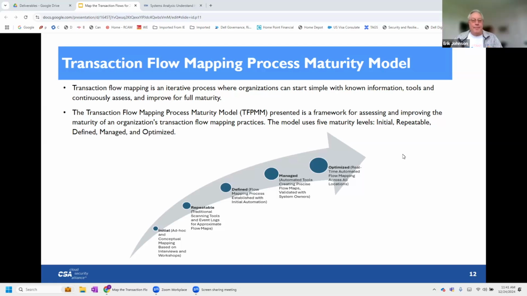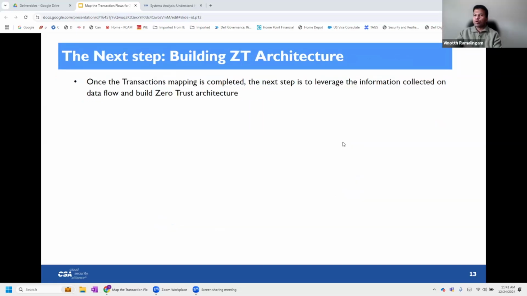Sounds like it. Yeah. Moving on, what we talk about in the paper is having a final call out of how this transaction flow mapping aids in building the ZT architecture. So the better you understand each DAAS element and its transaction, it helps in many things. For example, defining the micro-segmentation, where you need to understand how the transaction flows, all the entry-exit points, so that you can carve it to define your firewall and then micro-segmentation.